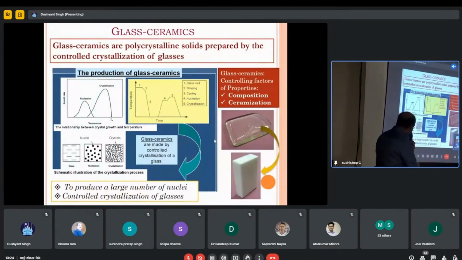By this process, crystal nuclei are formed and some crystals are generated, and we get this kind of completely transparent glass converted to opaque glass ceramics. Depending on the size of your crystals, it can be opaque, translucent or transparent. If you can control the crystal size on the nanometer scale, then you can make transparent glass ceramics, which is much stronger than glasses.